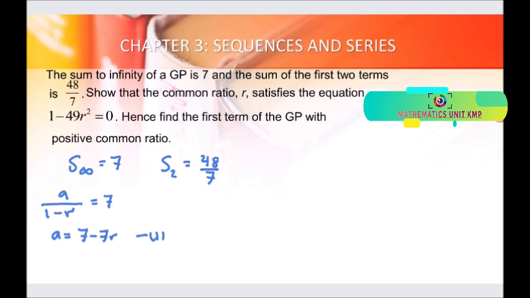The second equation we can get from S2, A multiplied with 1 minus R to the power of n over 1 minus R. So we substitute n equal to 2 and equal to 48 over 7. So A times 1 minus R squared divided by 1 minus R equal to 48 over 7.